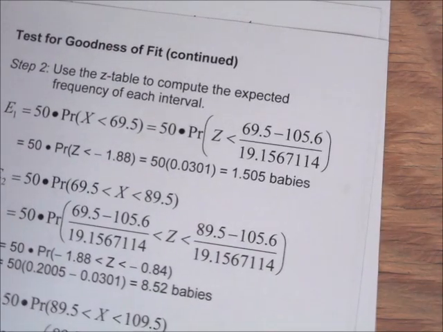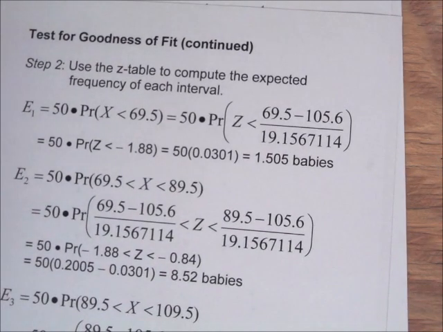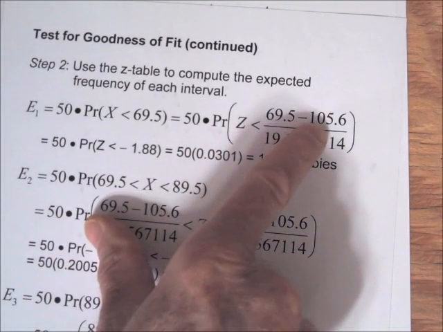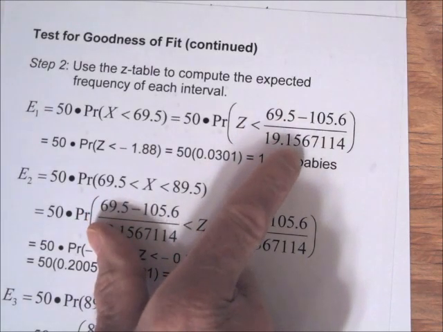The expected values, we have to use the z-table to get those. We have 50 babies. So the first expected value is 50 times the probability that x is less than 69.5, assuming a normal distribution. So we need to convert to a z-score by subtracting the mean and dividing by the standard deviation. I gave those to you at the beginning.